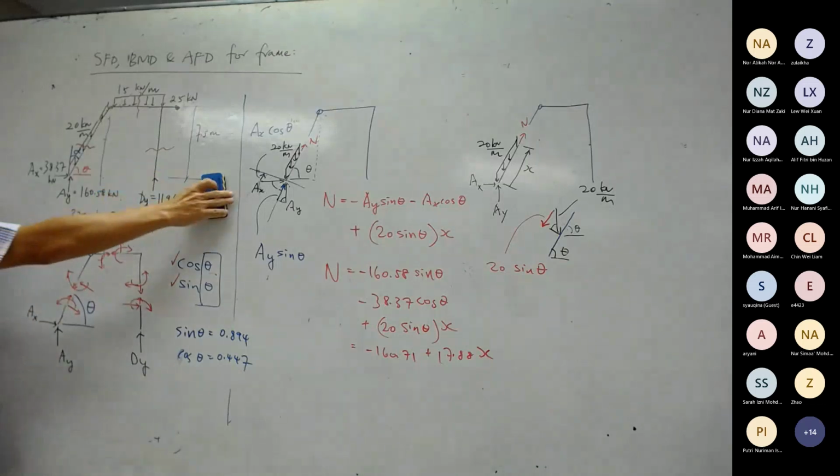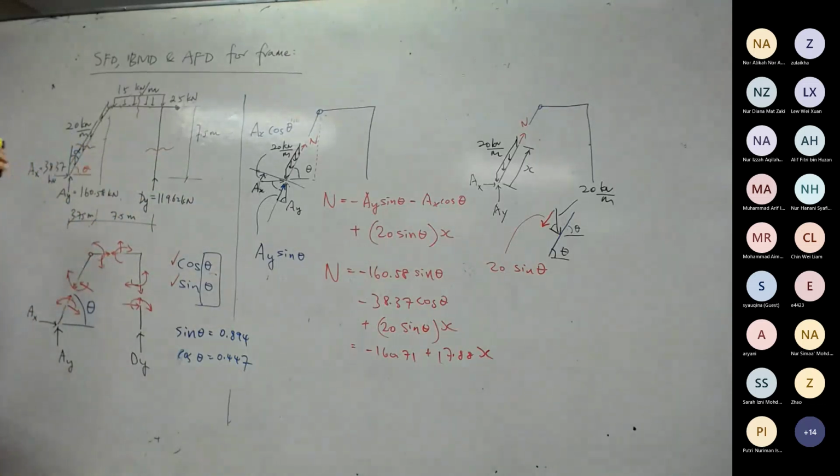The angle can be measured from horizontal to this, or from this to here. If the angle is given to you, then you use the angle directly. If not, then you have to calculate from the dimensions given. So I use here the angle theta from here, so that is the calculation. Any questions? Okay. Now we go to shear.